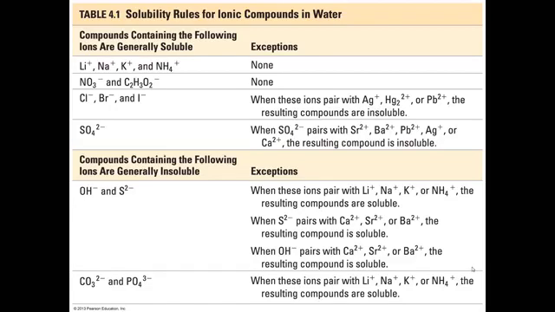If you look at the rules in front of you, you will locate the rule that says chloride, bromide, and iodide containing compounds are generally considered soluble. However, you will note there's an exception to that rule, which includes compounds that contain lead 2+.